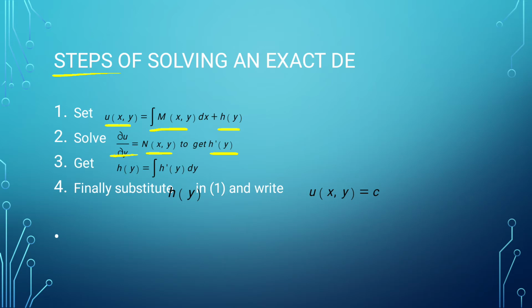Then after that, if you want to get h(y), you basically get the integral of that function. And step 4, you substitute the function h, which is a function of y, so that you'll be able to get the solution.